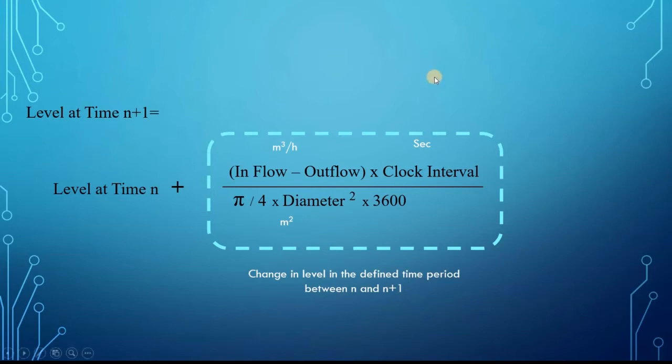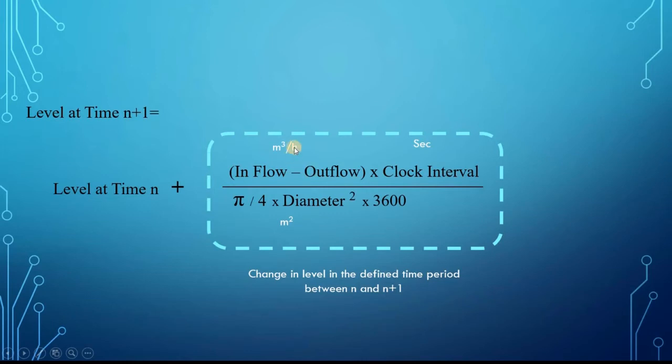So to be able to calculate the level at any time, the level at time n plus 1 will be equal to the level at time n, which is the previous period, plus the change in the volume divided by the cross-section of the diameter. Change in volume is the inlet flow minus the outlet flow, multiplied by the clock interval.